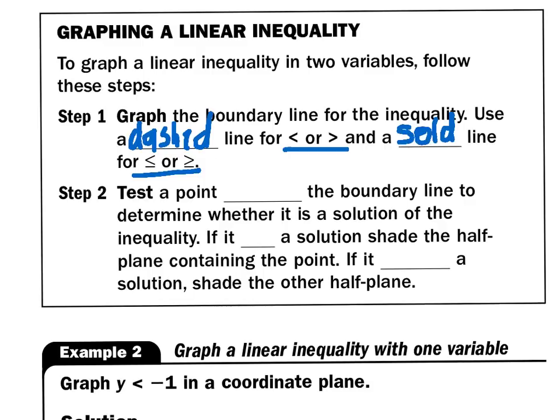Then we're going to pick any point that we want, not on the boundary line, and test that point to see whether it's a solution of the inequality. If it is a solution, shade the half plane containing the point. If it is not a solution, shade the other side of the half plane.